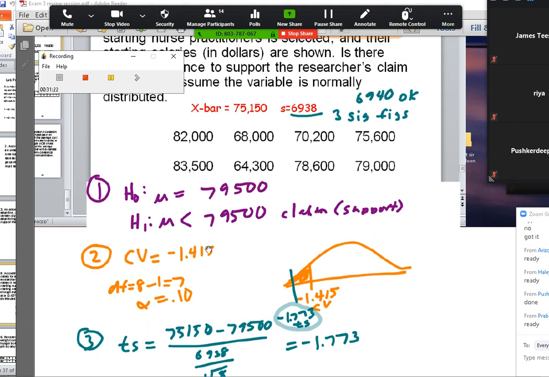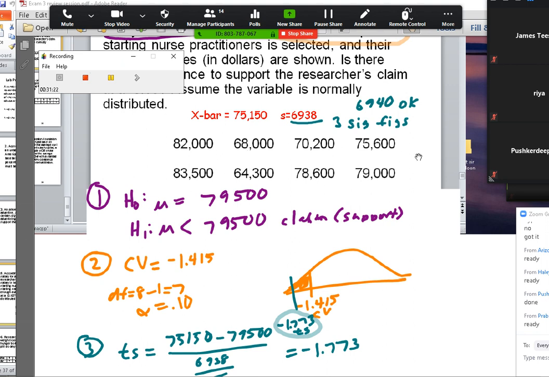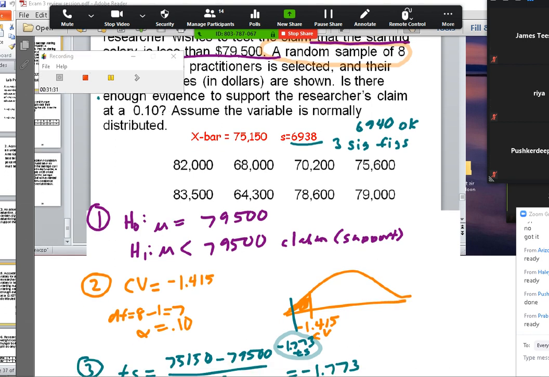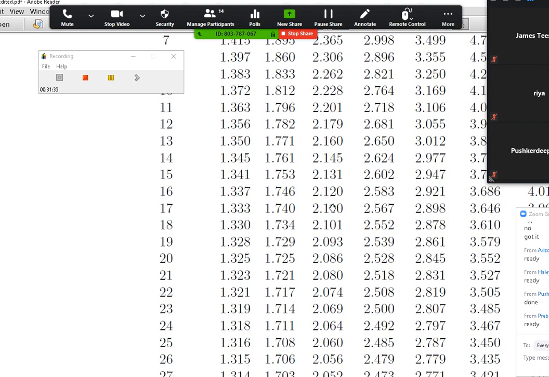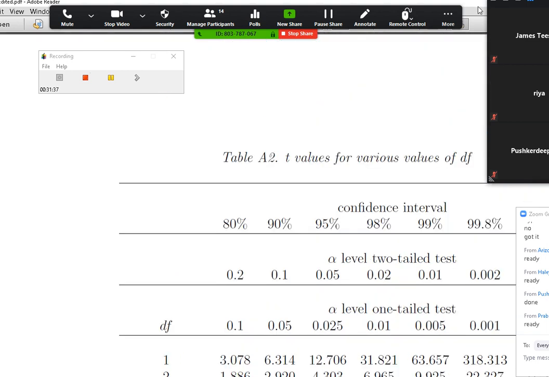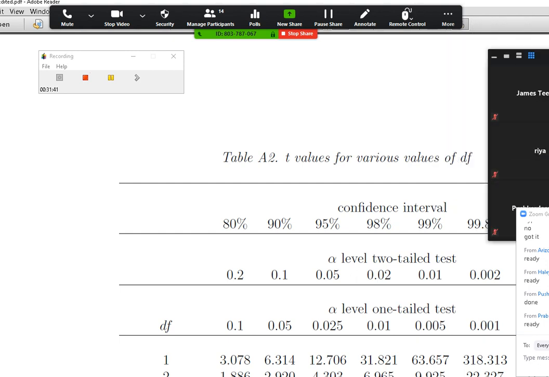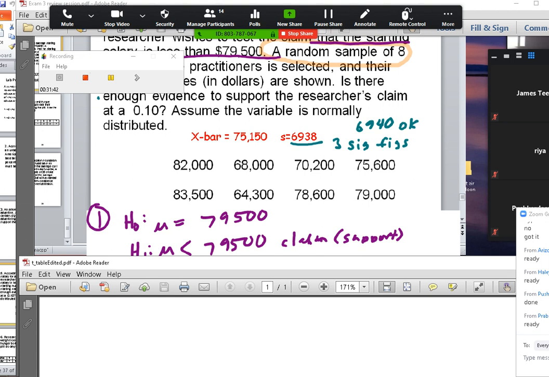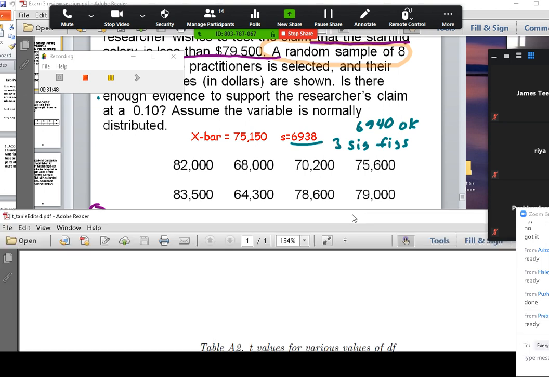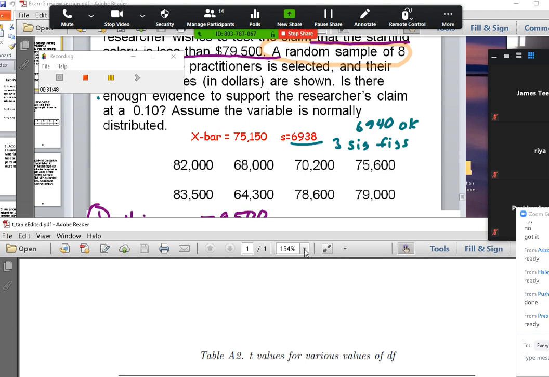My critical value: I have 8 items, so my degrees of freedom is 8 minus 1, 7. My alpha is 0.10, so I'm going to hop over to my handy dandy T-table.